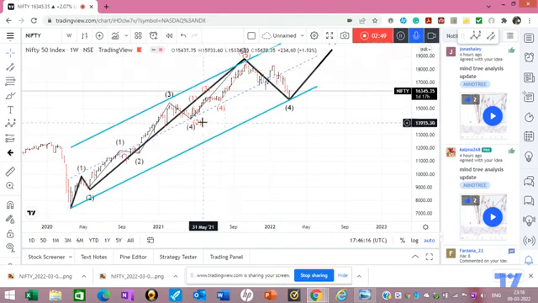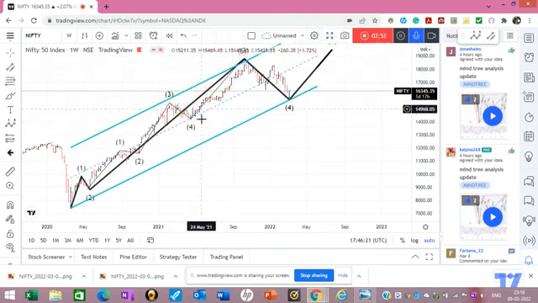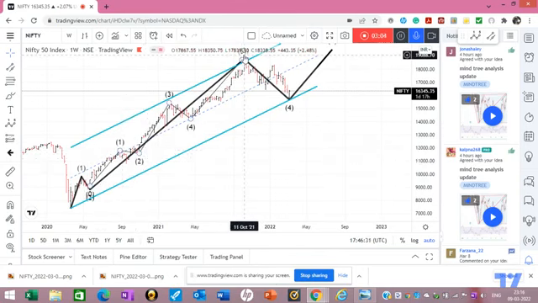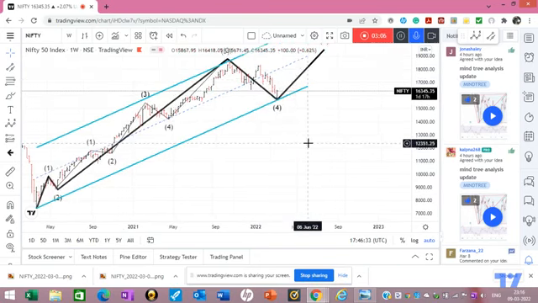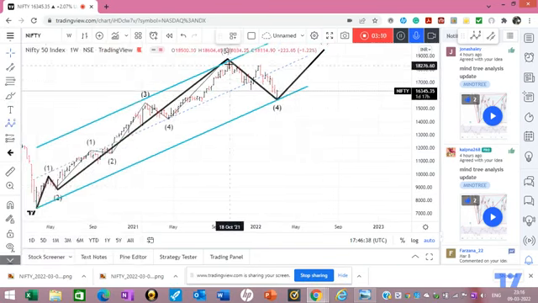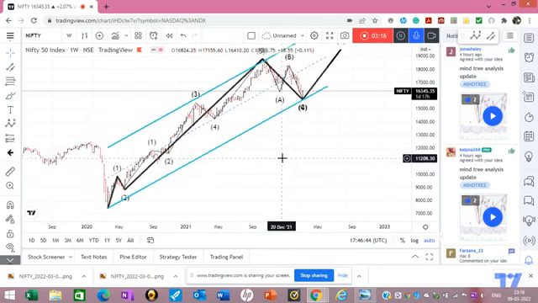Now this is the way I'm going to do it. So I have changed the analysis part. I have taken this whole wave as wave 3. I've extended it: 1, 2, 3, 4, and 5, and then A, B, C corrections happening at the fourth wave.